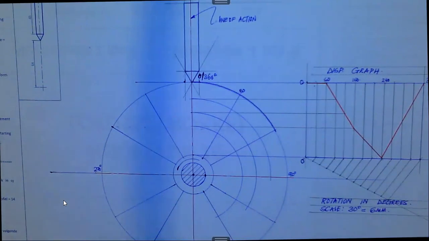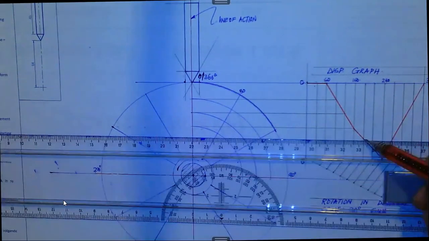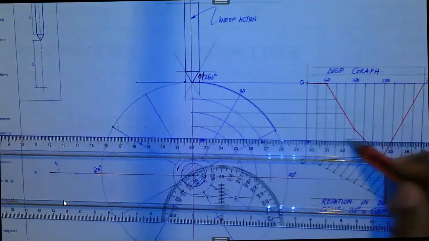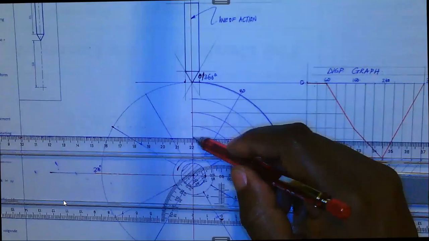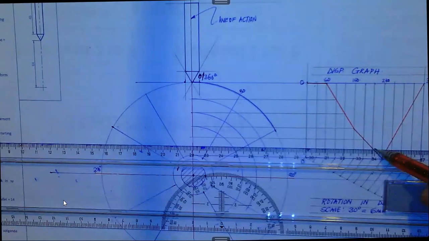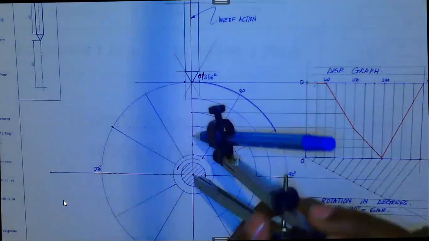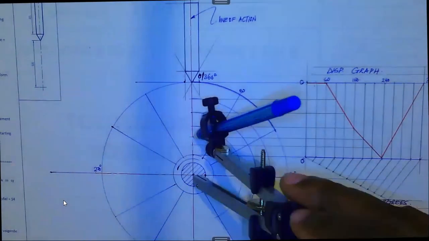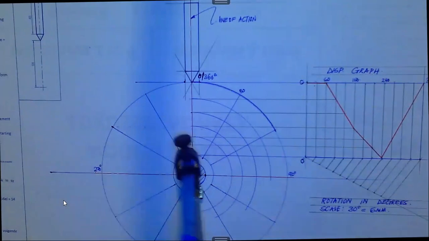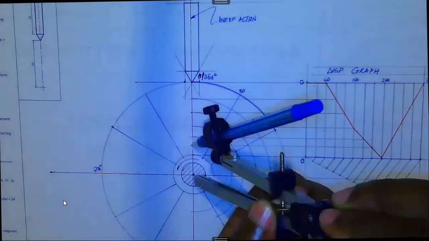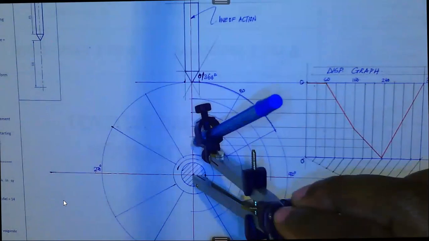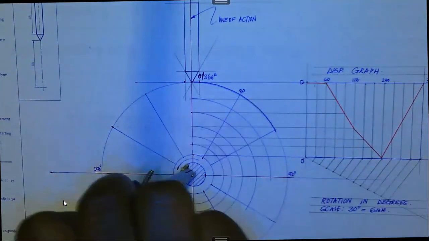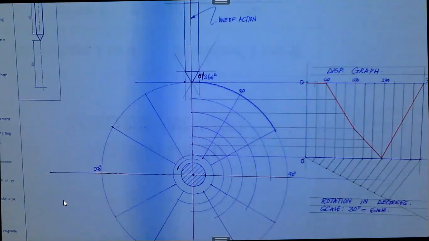So let me project again. Take this. That's 180, you swing, cut 180, then 210. The last part, which is 240, if you swing, you will basically come here, which is the point that you want.